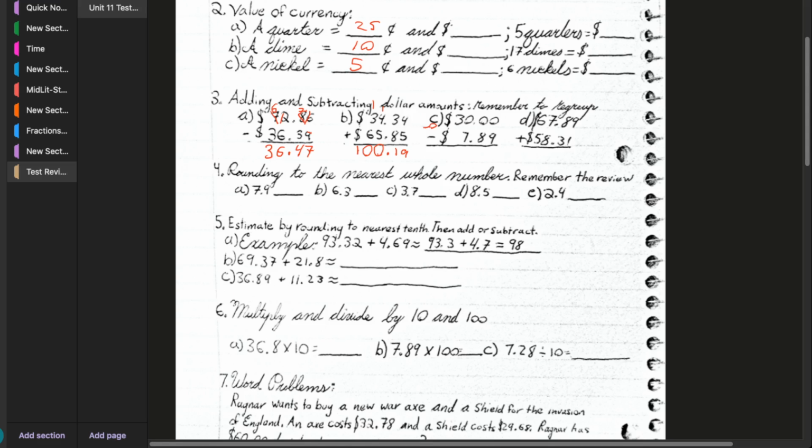Rounding, we're just going to do the first two. Rounding, you remember, you look at the number you're rounding to. We're rounding to the nearest whole number, so that's 7 here. You look to the number directly to the right of your number, and you see, is this number here 5 or greater, or less than 5?